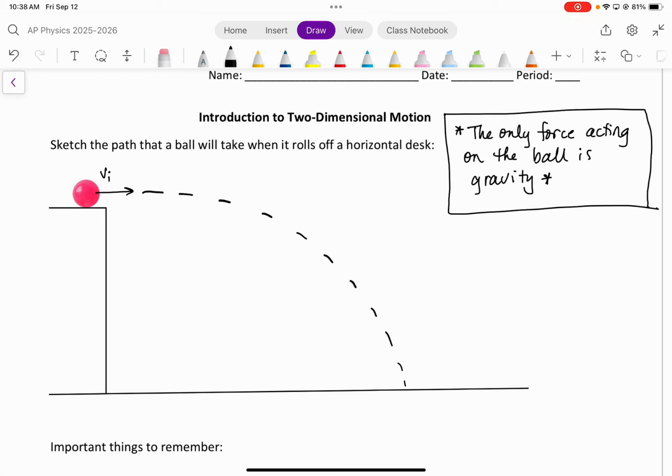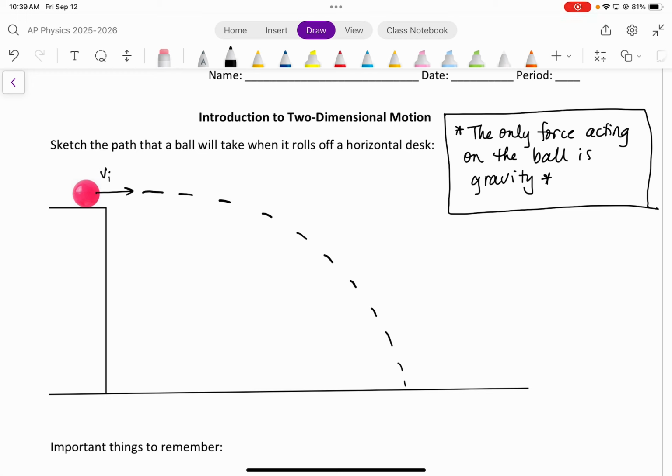Is there anything that is pushing or pulling that ball to make it speed up or slow down as it rolls to the right? If I just think about the left to rightward motion of the ball, what do you think? Gravity is still acting on it, but what way is gravity pulling?